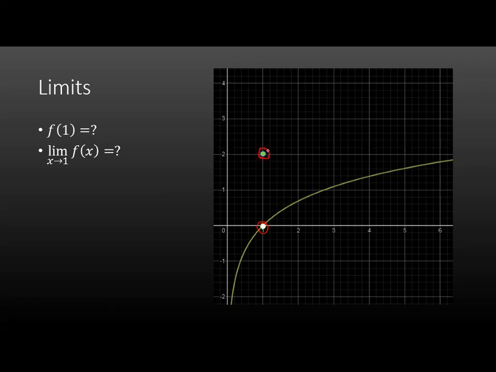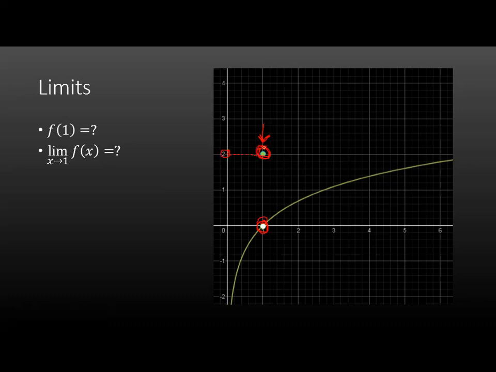At 1, there's a hole here. No, not a hole, rather a shaded point here that is actually what? Defined. So at 1, we have an undefined y value and a defined y value, which is exactly at 2 units.